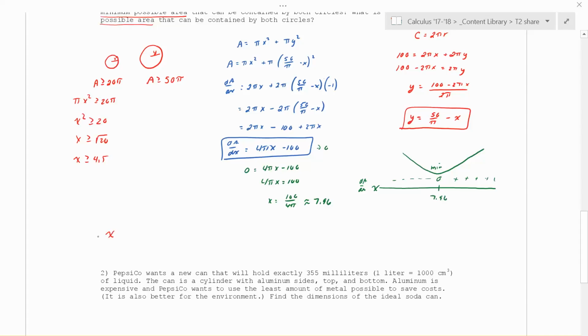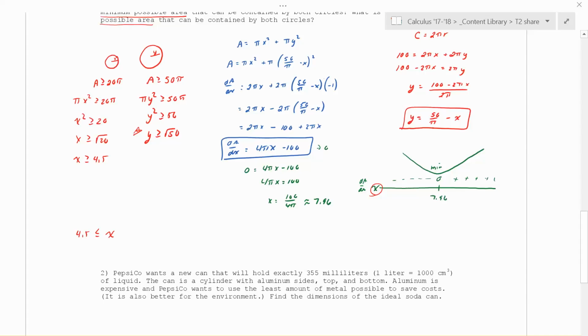So then I know that x is greater than 4.5, but I need to find out what it is less than. When I go to this circle, pi y squared is greater than or equal to 50 pi, or y squared is greater than or equal to 50, or y is greater than or equal to the square root of 50. But this is in terms of y. I need it in terms of x.